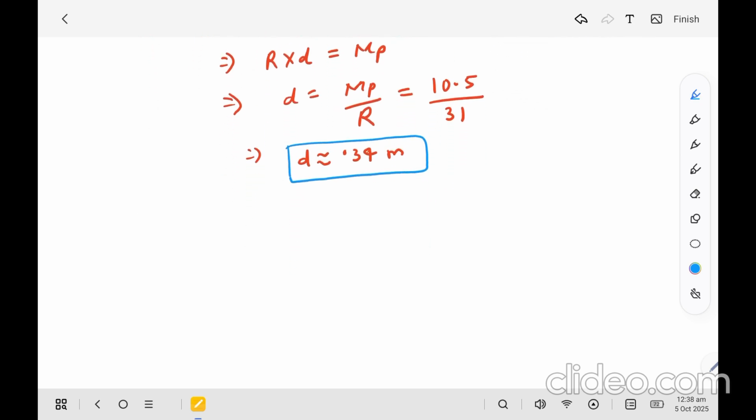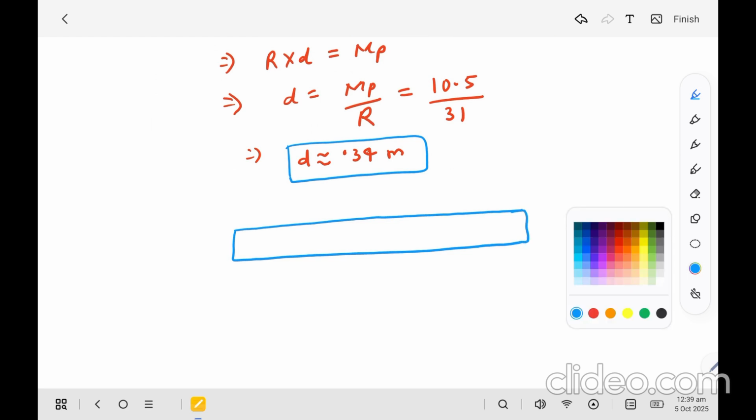So now we have the case. This is point A and this is point P here, and the resultant is here.